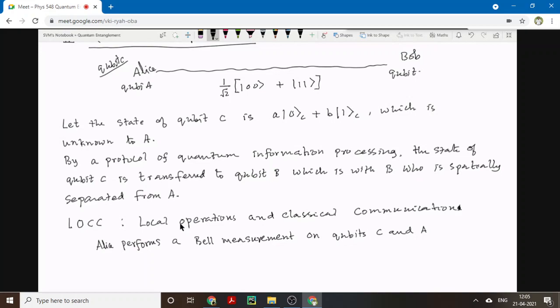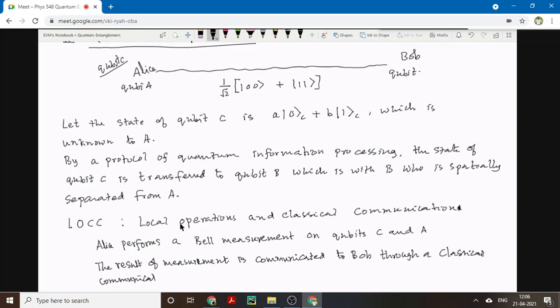And then the result of measurement is communicated to Bob through a classical communication, that means using electromagnetic waves, telephone, the classical communication.